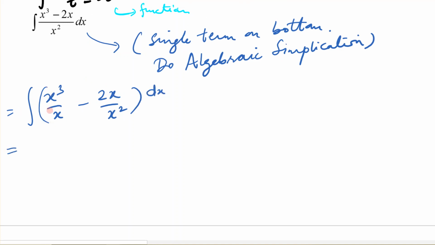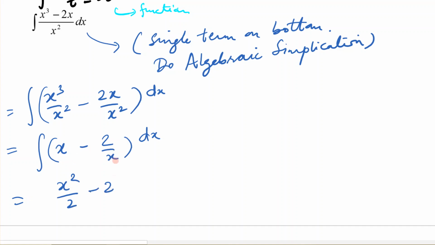When we divide, we get the integral of x minus 2 over x dx. The integral of x is just x square over 2, minus 2 times the integral of 1 over x dx, which is ln of the absolute value of x. And then since this is an indefinite integral, we're going to have plus c in the end.